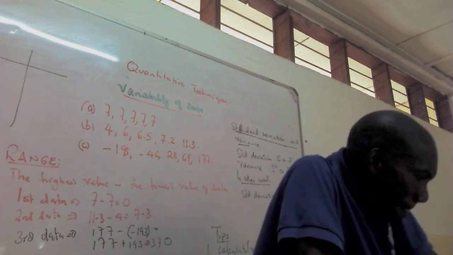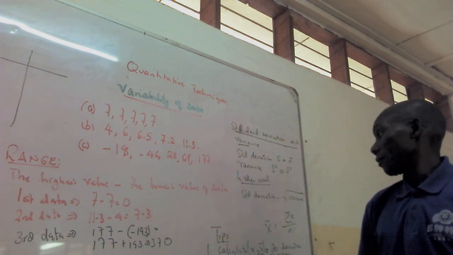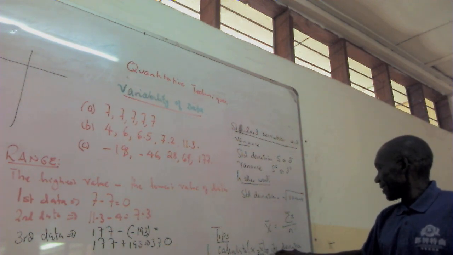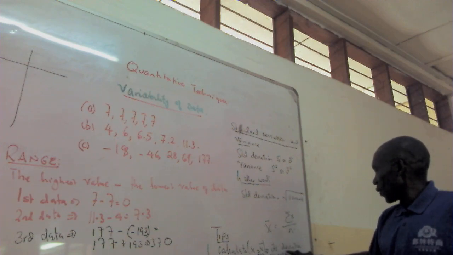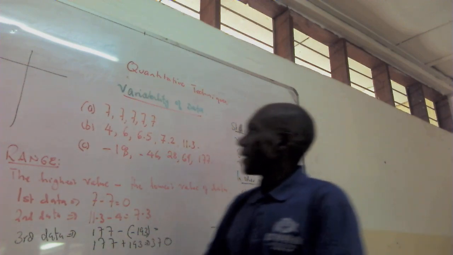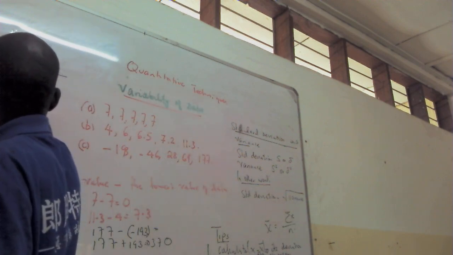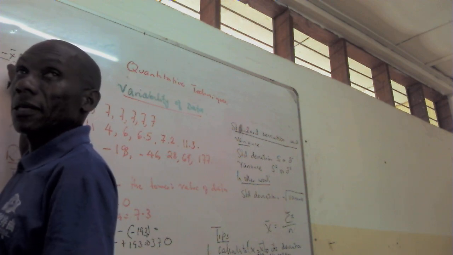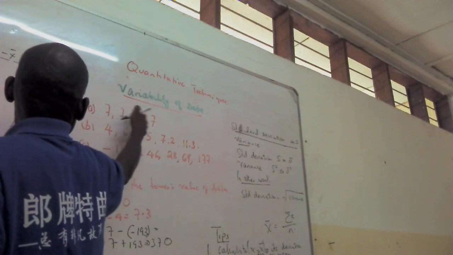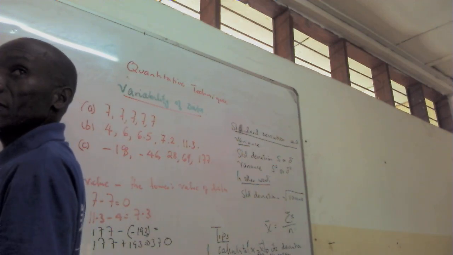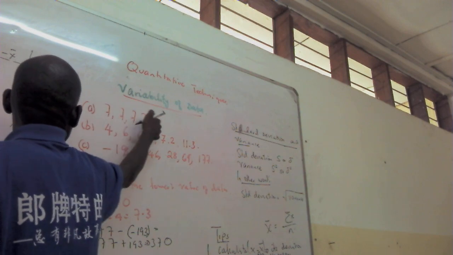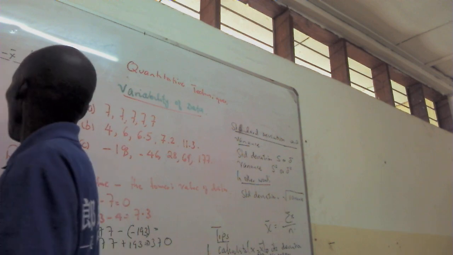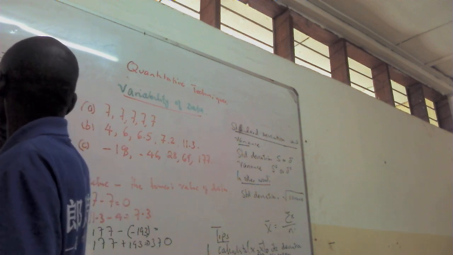If you are calculating X minus X bar as the deviation from the mean, you know X bar is the average. You add all the numbers and divide by how many there are. X is these numbers, but X bar is the average.